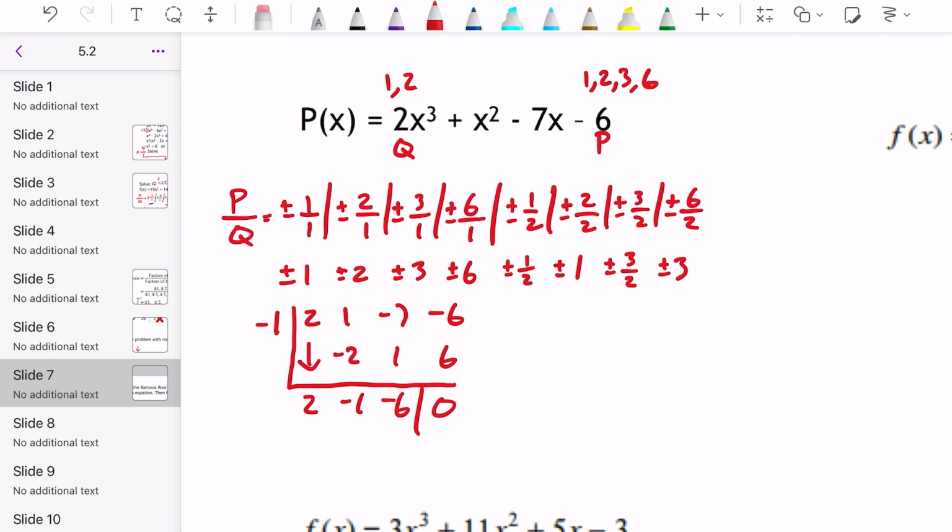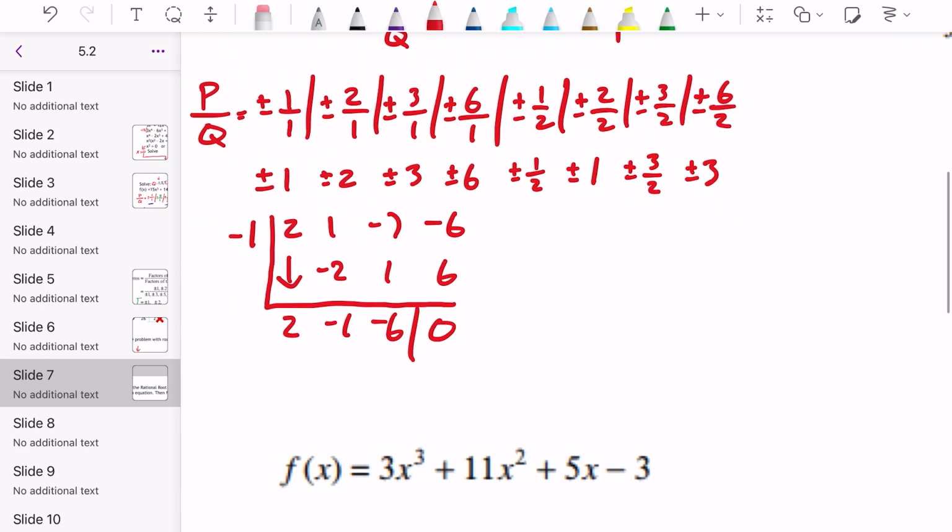This will not always be the case, and what will oftentimes happen is you may have to try multiple of your possibilities in order to see whether or not it is a possibility. So we go on. We know that x is equal to negative 1.